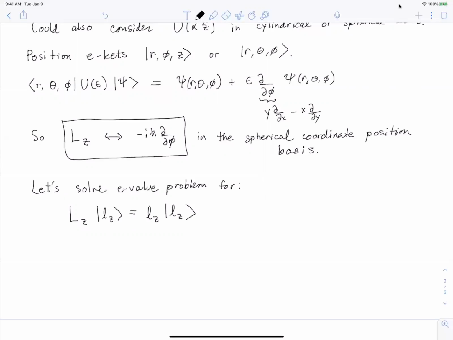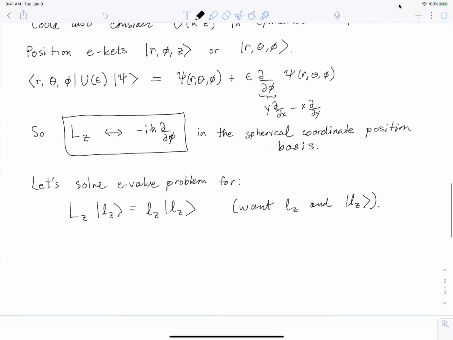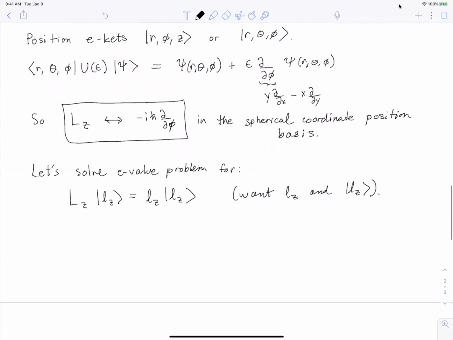We want to solve simultaneously for the number L sub z and the ket that corresponds to it. The way we're going to do this is to use the spherical coordinate position basis by acting with the bra r, theta, phi on both sides.